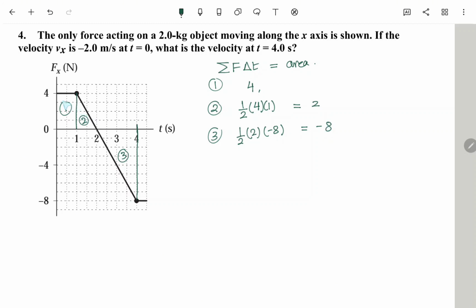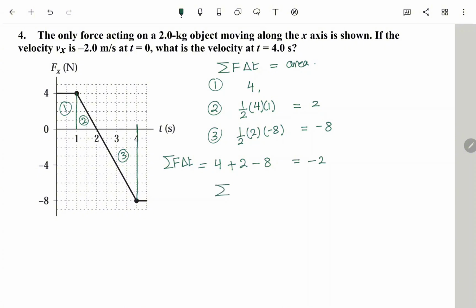Now the total area for this one here is equal to 4 plus 2 minus 8, and this whole thing is equal to sum of all forces delta T. This is equal to minus 2.